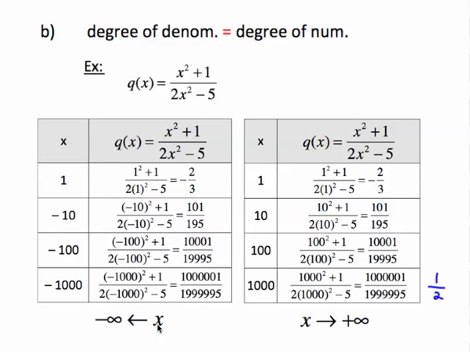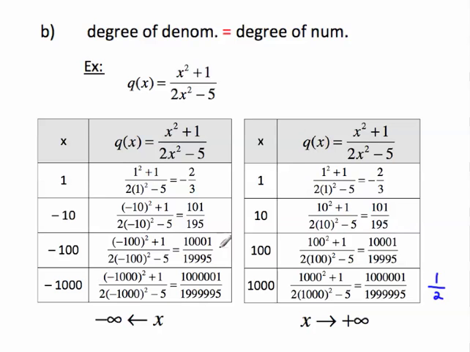Similarly, as x goes towards negative infinity, as x becomes a very large negative number, notice that you have the same kind of thing happening. They're getting bigger at similar kinds of rates. It's not the same as the case where the degree in the denominator was bigger than the degree in the numerator. Now they're getting bigger at the same rate, but the denominator is always twice as big as the numerator.